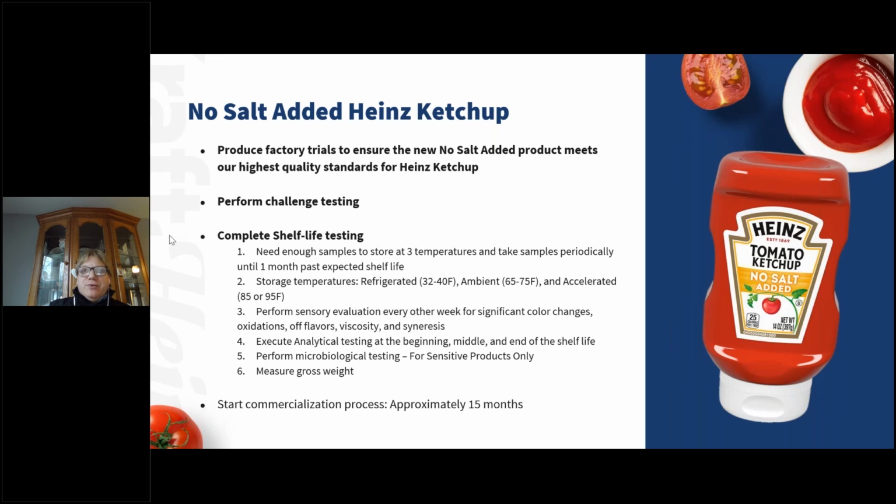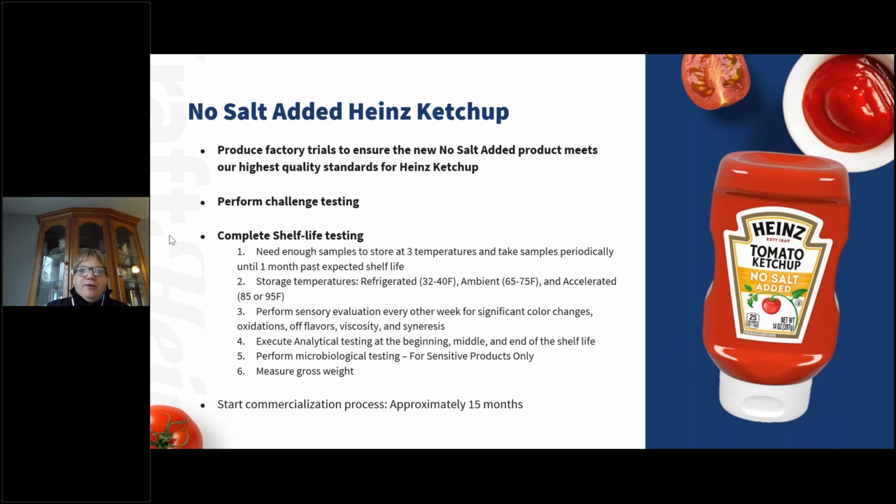Next, we perform sensory evaluation every other week to test for any significant color changes, oxidation, off flavors, viscosity, or syneresis. Then we execute analytical testing, basically during the beginning, middle, and end of the shelf life to make sure we're still within our analytical standards.